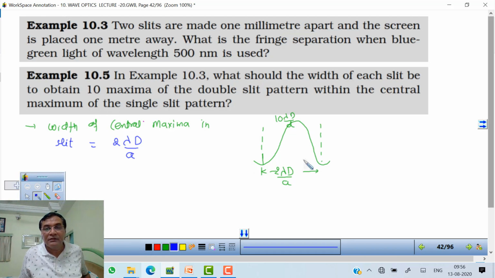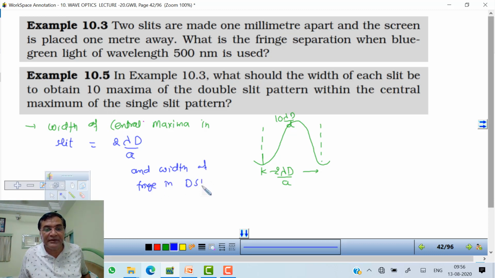Okay, and width of fringe in double slit experiment is equal to lambda capital D upon small d.